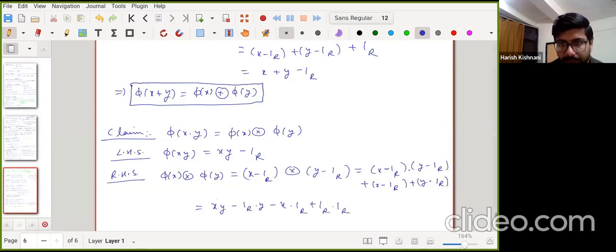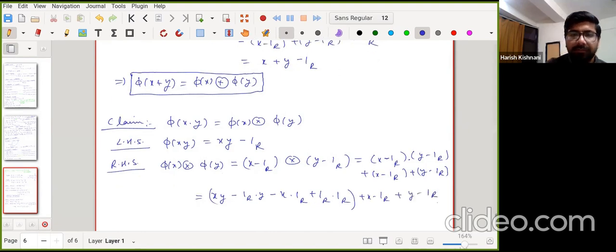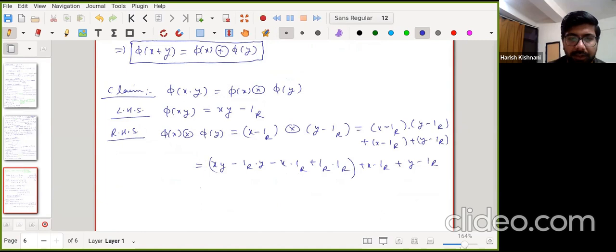This is what we got through the first bracket, and then we have x minus identity of R plus y minus identity of R. Now this 1 of R is the multiplicative identity with respect to this dot operation. So we can write xy minus 1R dot y is just y, and this is x, 1R dot 1R is 1R, and plus x minus 1R plus y minus 1R.